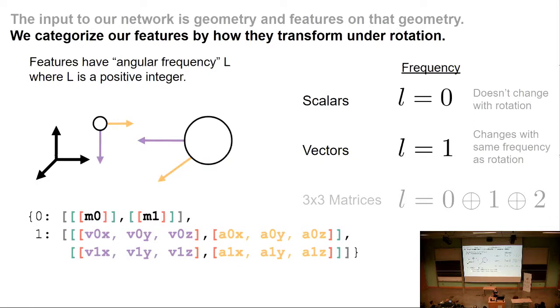Let's say I have a scalar that doesn't change with rotation. That means it has an angular frequency of 0, because if I change my coordinate system, it doesn't do anything. Versus a vector, if I rotate my coordinate system, it rotates with the same frequency. Now, higher frequencies might at first be a little unintuitive to wrap your head around, but it's actually very natural. Consider a polynomial like x times y.